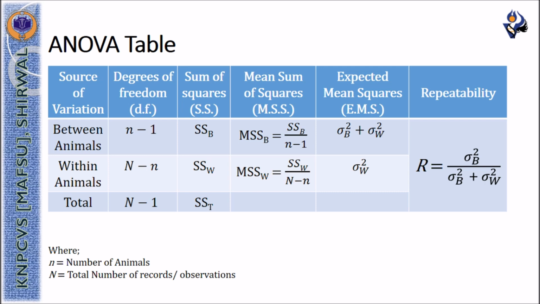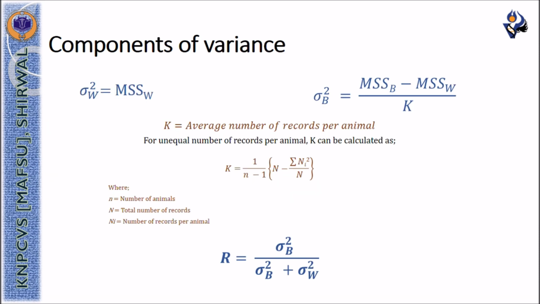The skeleton of ANOVA table is presented in this particular slide, and the components of variance such as within component of variance and between component of variance is estimated according to the formulas given over here, and the repeatability estimate is calculated with the formula between the component of variance divided by between the component of variance plus within the component of variance.